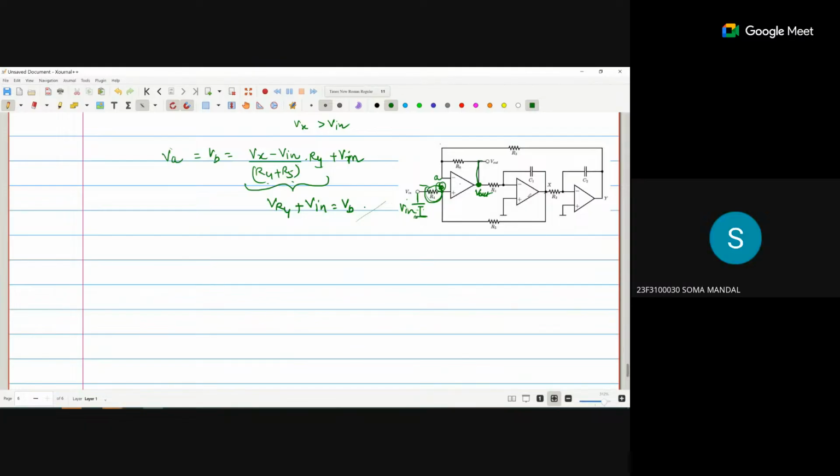That is minus 1 by S R1 C1. So Vx by Vout is minus 1 by R1C1S. And what is Vy by Vx? That will be minus 1 by R2C2S.